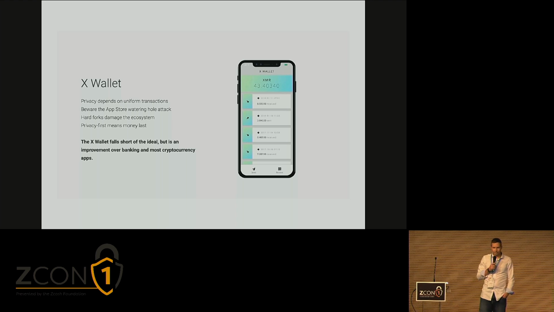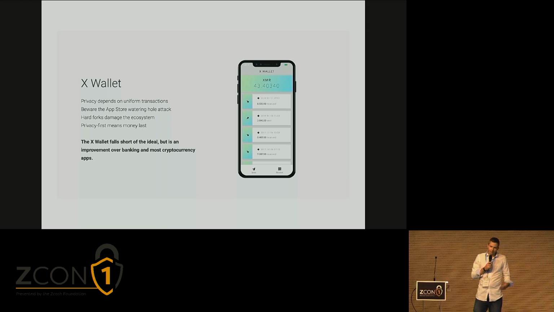The other important thing is I realized that the App Store was going to be a really good tool for people to perform watering hole attacks. If it's just two guys and a dog in a garage building an app, and you can disrupt this network, just imagine what someone with real resources can do in terms of creating lots of apps and flooding the App Store with them.